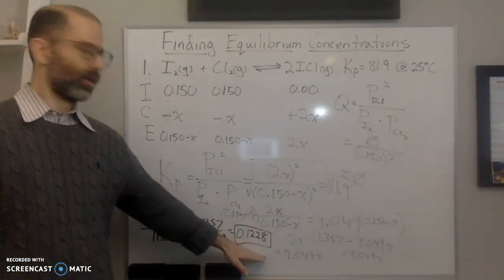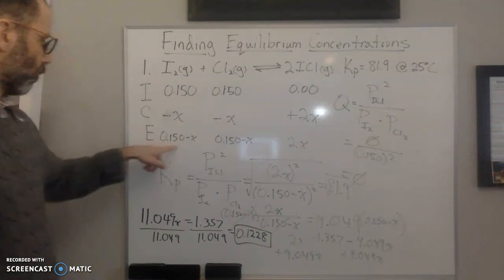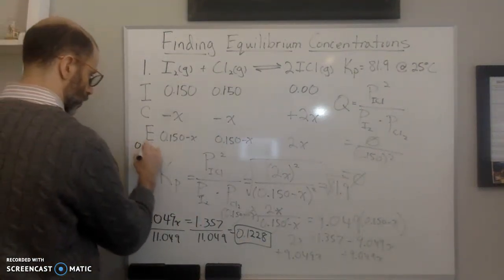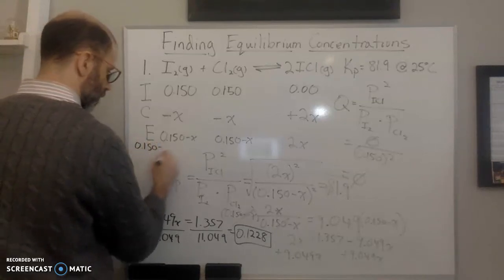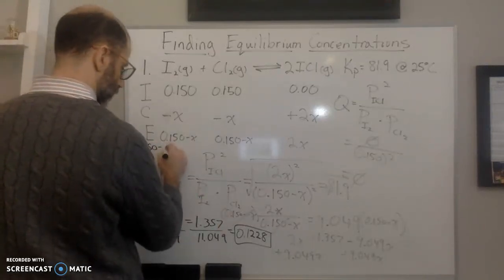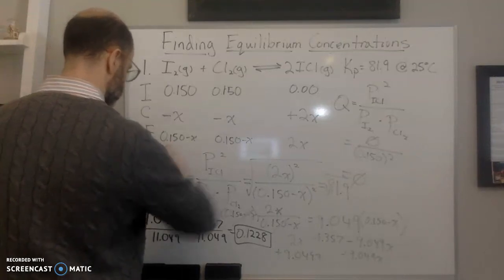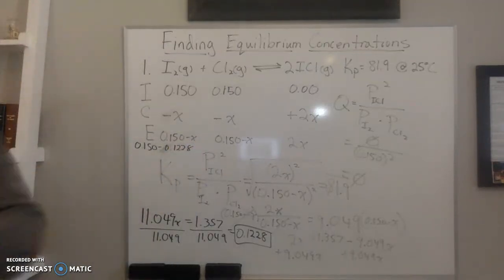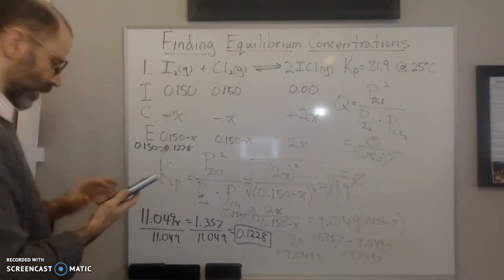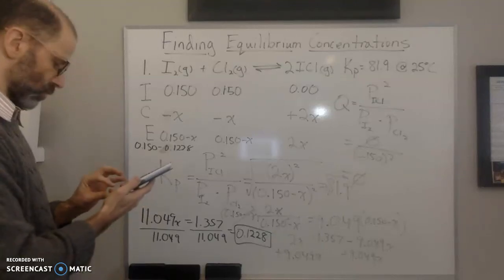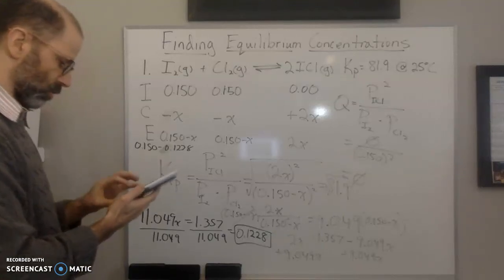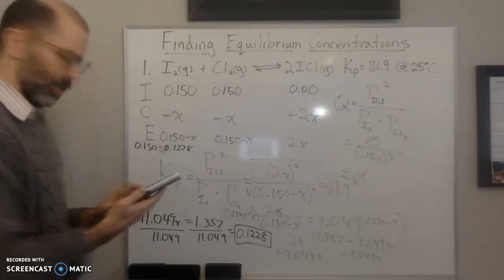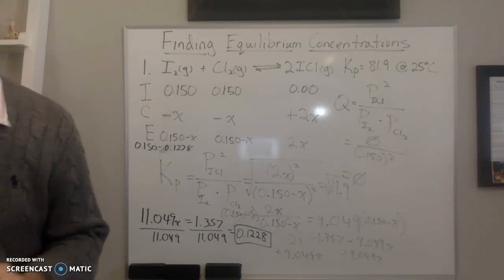And so then what you do is you put x in for here. So 0.150 minus x, which is going to be 0.1228. Okay, so you subtract that. So 0.150 minus that equals, and you get 0.027.